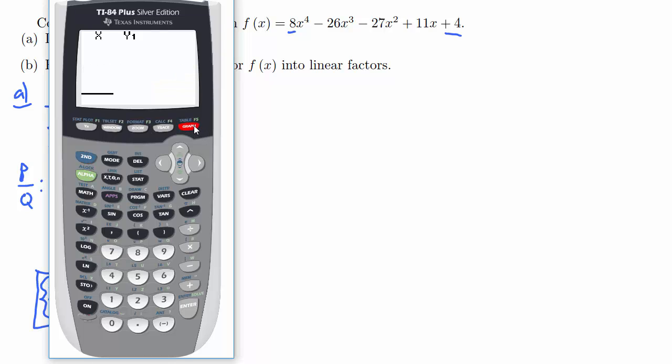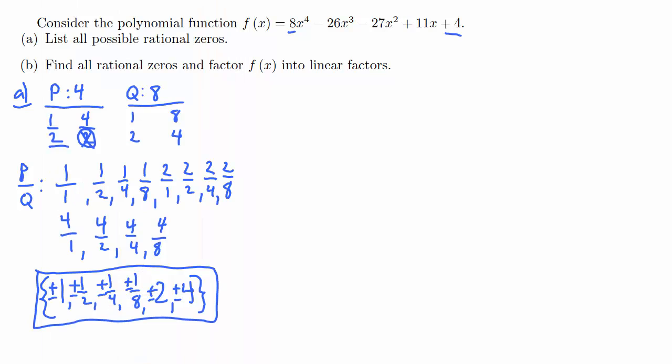So if I go to the table, notice that it starts at 0, so I can go above and below. Notice whenever it starts getting to be really large numbers, there's probably not a 0 beyond that point. But, oh look, at -1 there's a 0. So I'm going to prove that using synthetic division. So on B here, I'm going to prove that -1 is a 0 of this function.